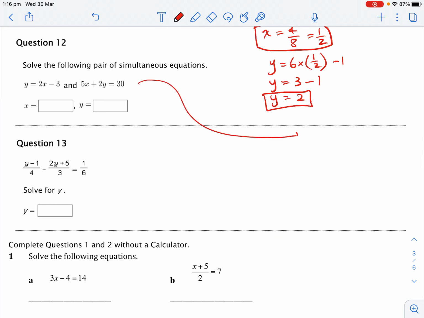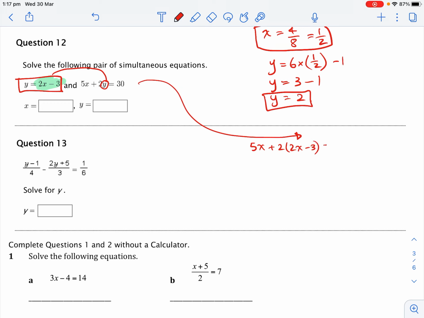Here's another example. I'm going to squeeze it over to this side of the screen. Again, substitution tells me what y is equal to. So I'm going to take this y value and I'm going to substitute it for where y is in this equation. So my equation becomes 5x plus 2 times 2x minus 3.